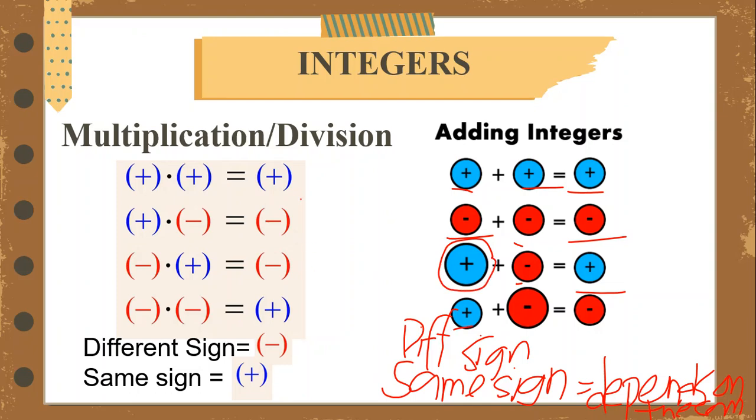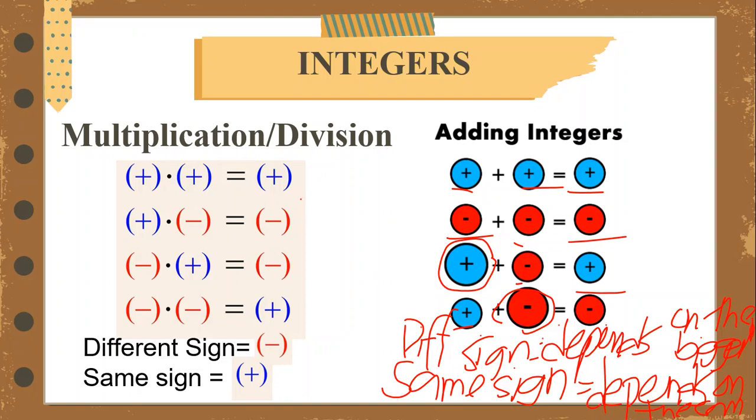Next, positive plus negative: the negative circle is much bigger than the positive circle, therefore we use the negative. So if it is a different sign, it depends on the bigger number.